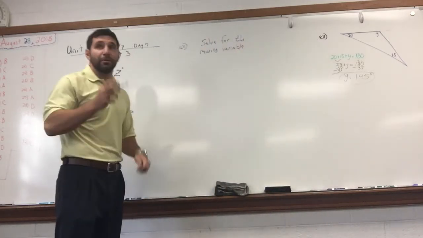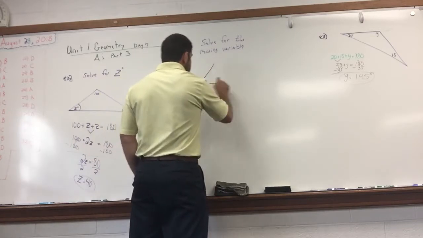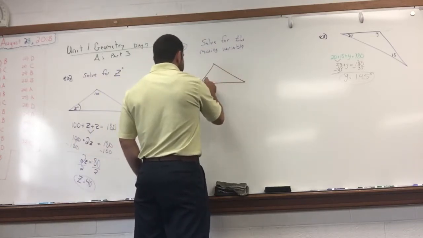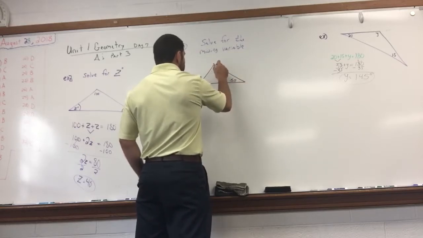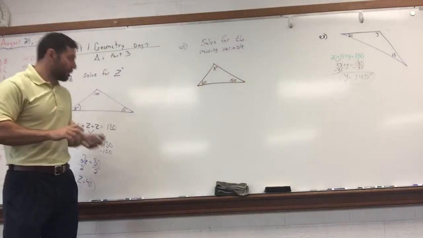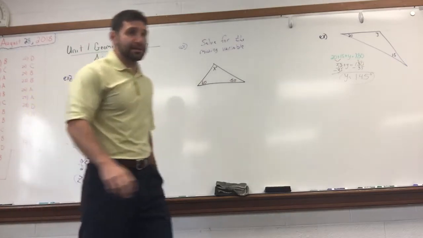Here we go. Solve for the missing variable. We've got 60 degrees, 50 degrees, x degrees. Solve for x. Go.